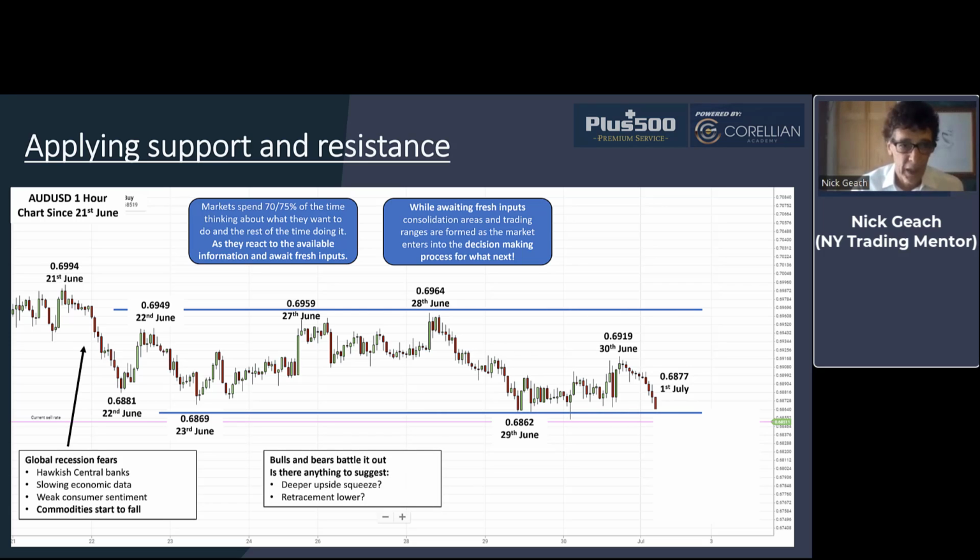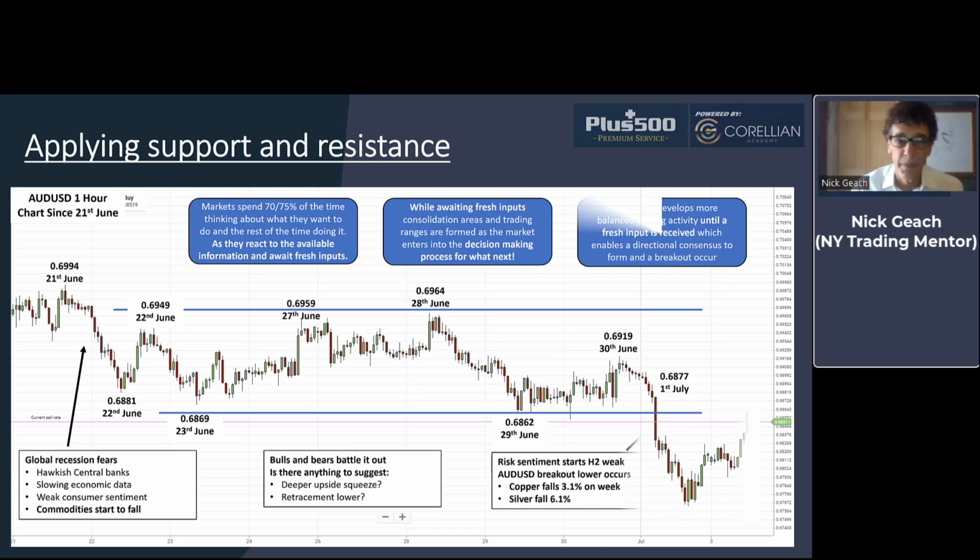As new information, data, etc., is released, we're seeing sharp price moves as markets adjust, and then a period of consolidation or recovery while we wait for the next set of data and information to gauge whether further action and price adjustment is warranted.